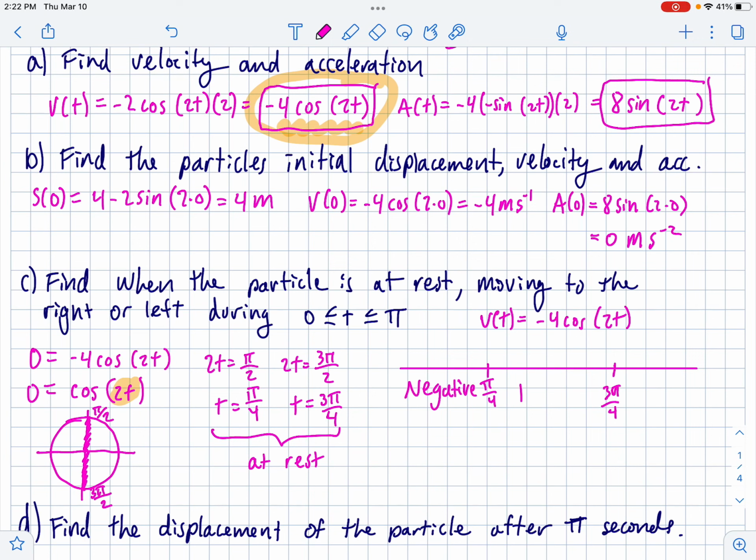So here in this zone, it's negative. Then it's positive. Then it's negative again. So it's moving to the left from 0 to pi over 4. And then it's moving to the right from pi over 4 to 3. Sorry. It's moving to the left 0 to pi over 4 and again at 3 pi over 4 to pi.